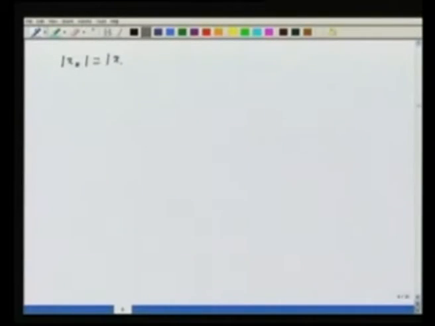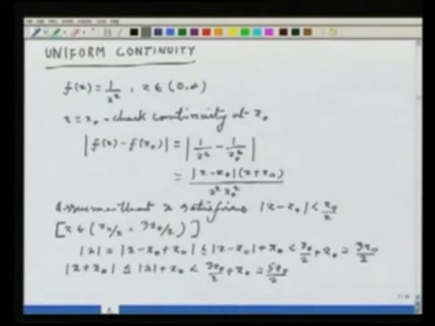Now if I start with mod x naught, which I can write as mod of x naught minus x plus x, and apply triangle inequality, that is mod of x naught minus x plus mod x, which then is strictly less than... what was the estimate on x naught plus x?